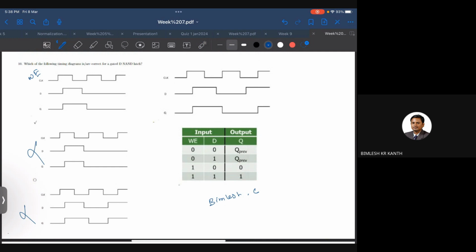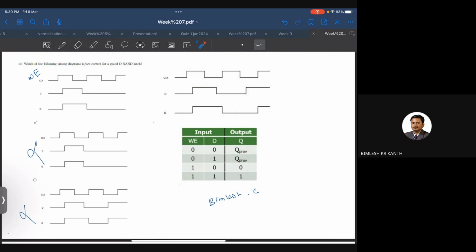Okay, now let us see the last option. So 0 is okay. Again 1, 0, 0 is okay. Then up to that 1, 1 is correct. 1 is correct. 0, 0 is Q previous, correct. Then 0, 0 Q previous correct. 1, 0, this 0 is correct.